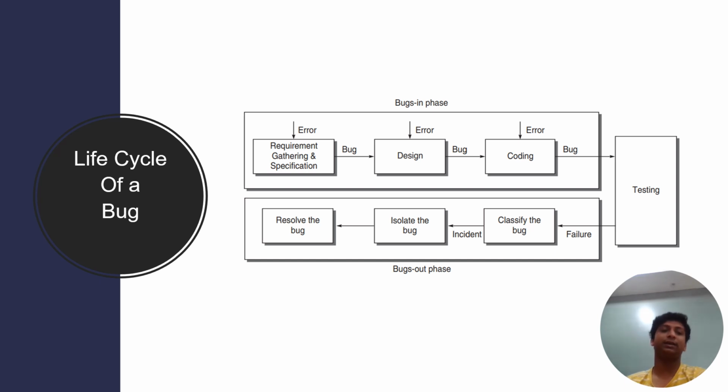Now, what is the life cycle of a bug? Your life cycle is divided into two phases: bug in phase and bug out phase. In bug in phase, errors are human mistakes, as we have mentioned. At any point of time, as soon as you have an error, there will be a bug, right?